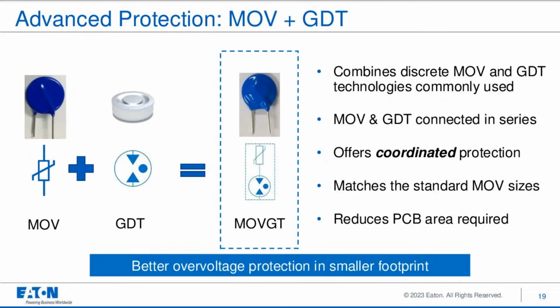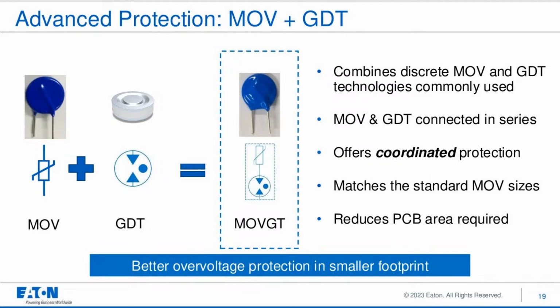In addition to the thermally protected MOV, there's a second technology to explore which combines a radial MOV and a flat GDT together in series to form what Eaton calls the MOV GT. This technology leverages the strengths of both technologies to provide coordinated protection.